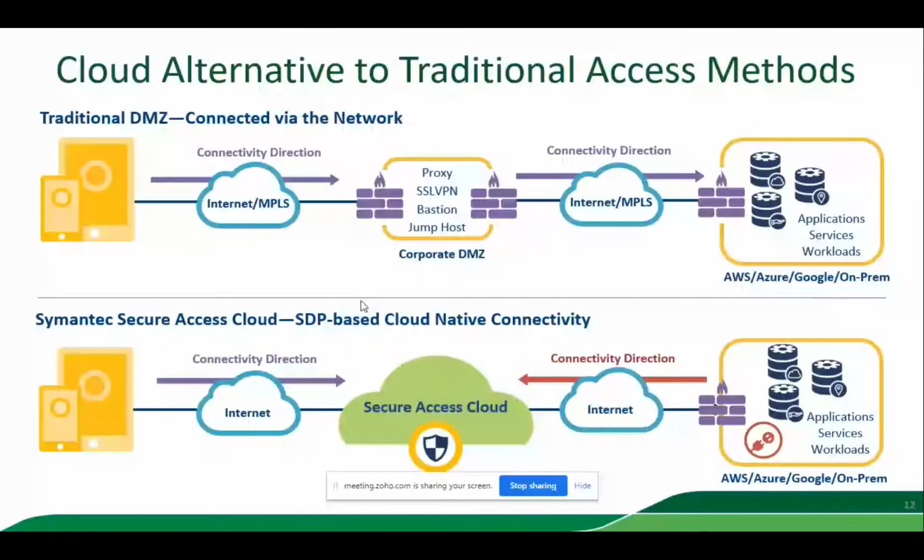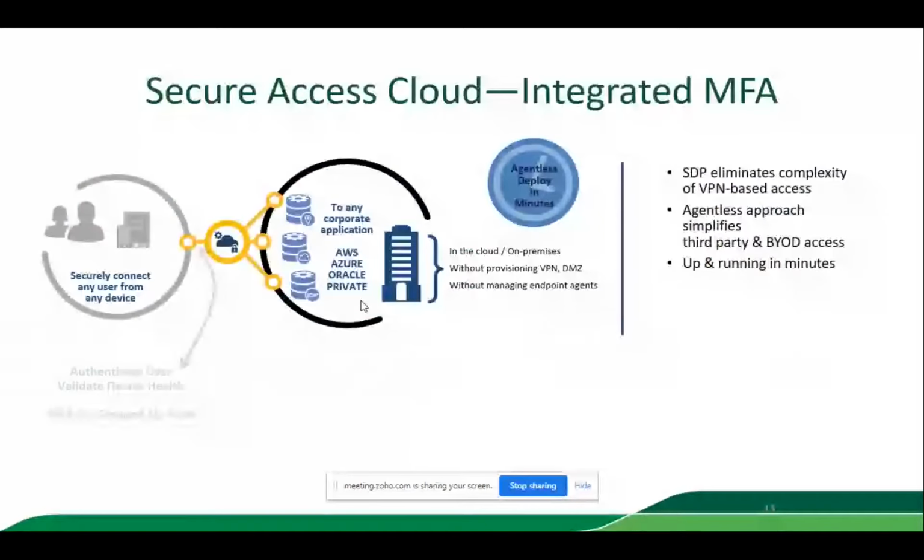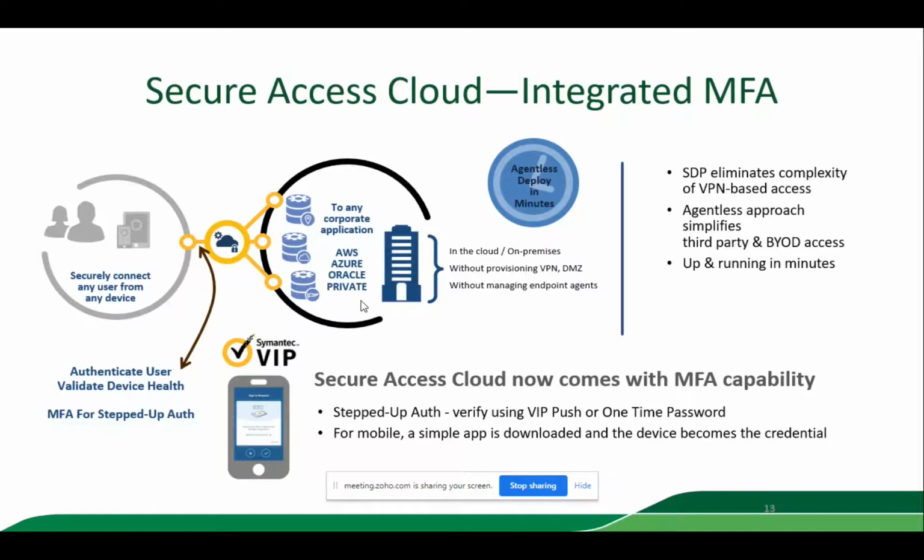So you only get access to the application layer, not to the entire network, making it more secure for you. You can also add Symantec VIP, which is multi-factor authentication, to secure you even further. You can use VIP push or one-time passwords, or you can use the mobile applications to help you.